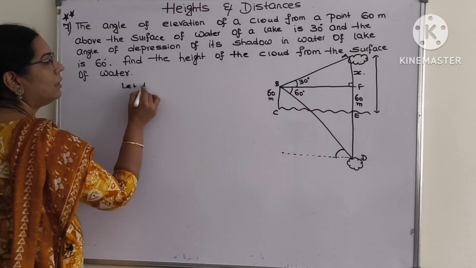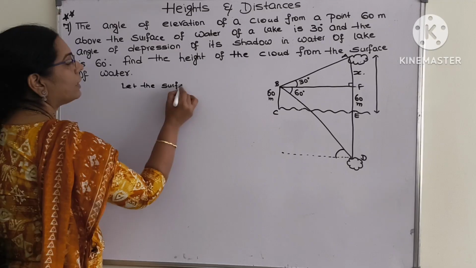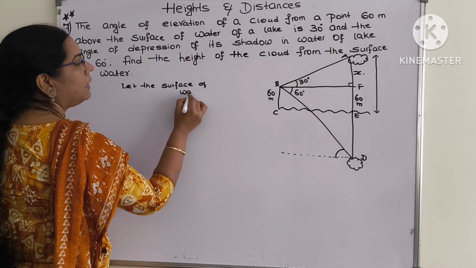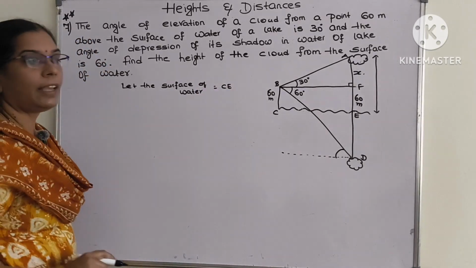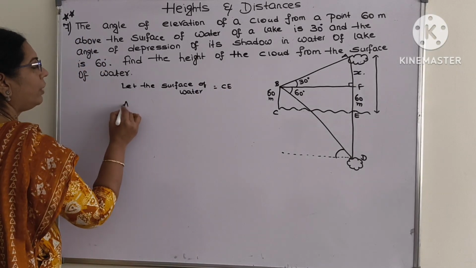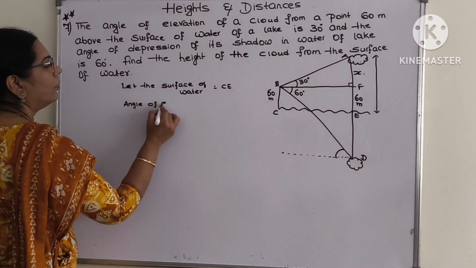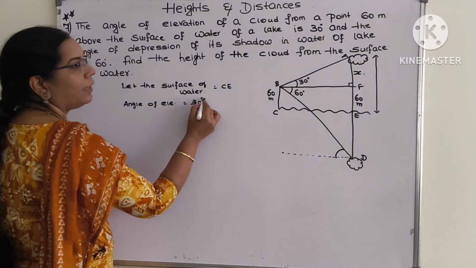Let the surface of water, what is the surface of water we are considering? It is CE. Angle of elevation is 30 degrees.